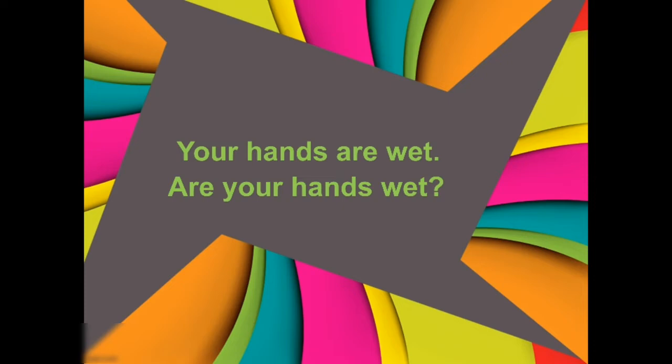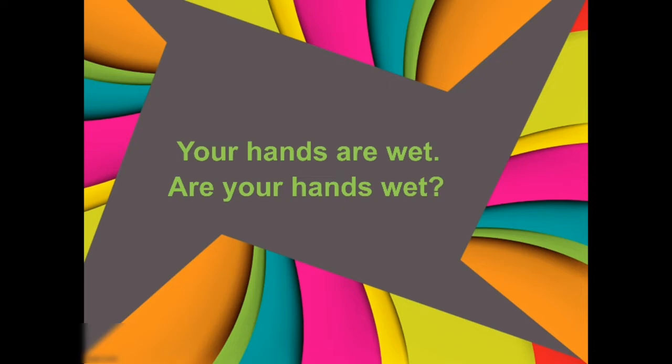First of all, the helping verb will come. Then your hands, that means subject, and then the rest of the predicate, जो बाकी बचा हुआ part होता है predicate का. Predicate you all know now, right? So the question will be, are your hands wet? And you will put a question mark. Whenever we form a question, we have to put a question mark.